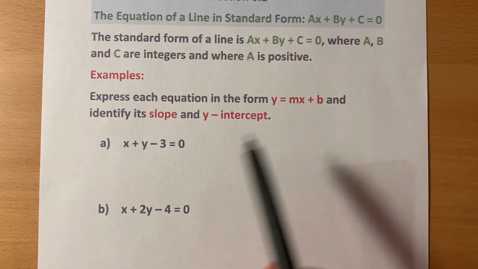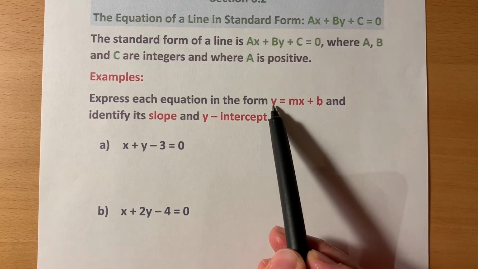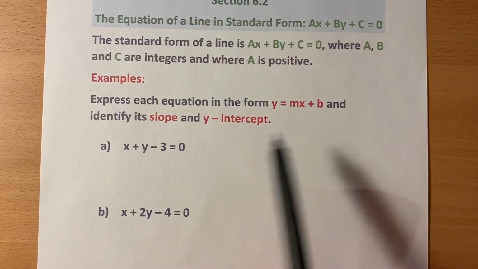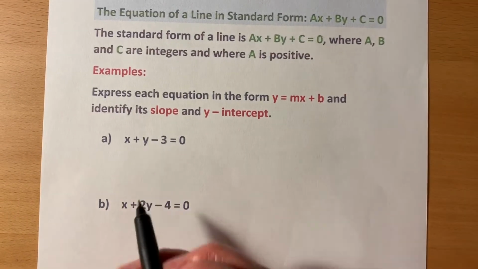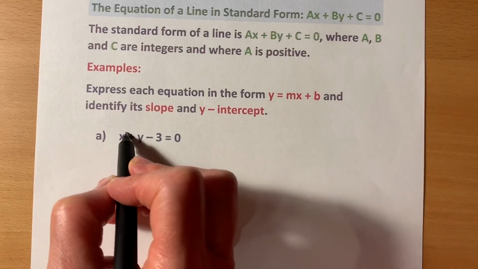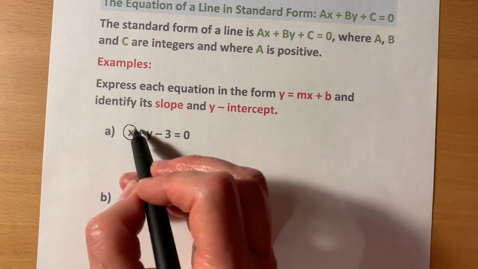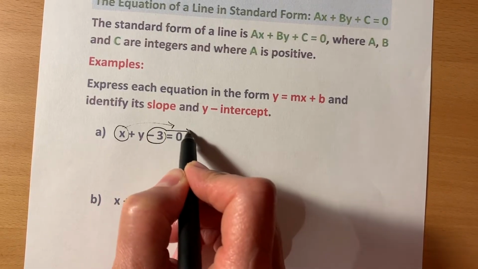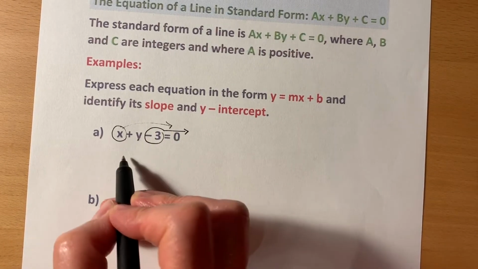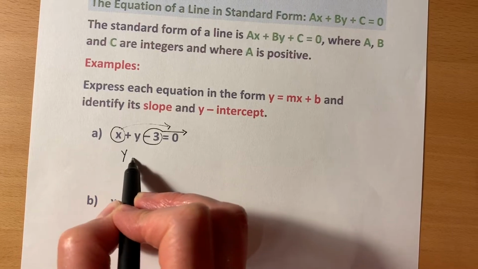Okay? So in order for me to rearrange this in the form y equals mx plus b, I need to get y by itself. So anything that is not a y, I move it. That's not a y, I'm going to move it over. This is not a y, I'm going to move it over. There's my y, didn't change, so the sign doesn't change.